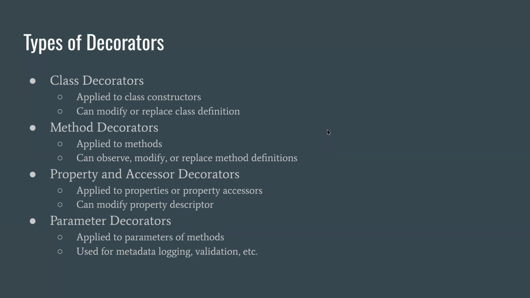And accessor decorators apply to accessor methods, providing a way to intercept and modify getters and setters. And lastly, parameter decorators allow you to annotate or modify the behavior of parameters in method calls. So each type of decorator gives us a unique hook into the life cycle of class elements. Therefore, it enables fine-grained control over our code.